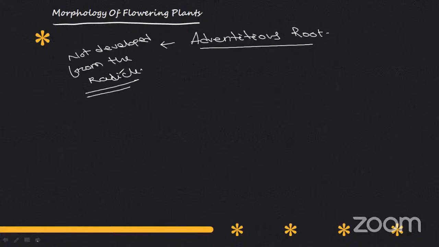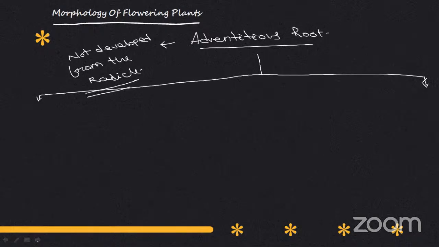It will develop from different parts, like the stem, or from the nodes or internodes, or from the leaf. The adventitious root is again of three types. Basically, we divide the adventitious root into three types.